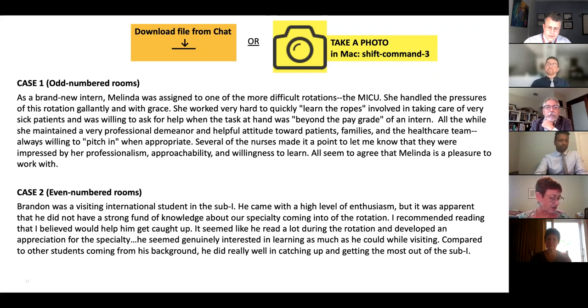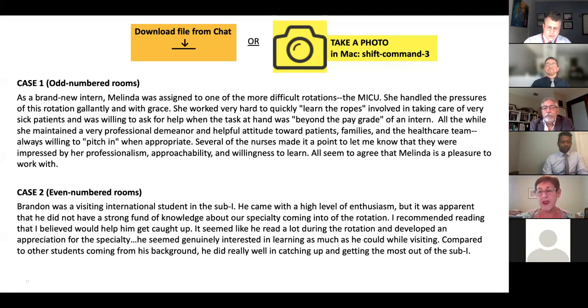Let's see, we had talked about reframing. They made comments about how helpful she was in pitching in. And we thought that perhaps adding examples of how she pitched in, what it was that she did, and not just that she pitched in, and evidence to say why we made that general statement.